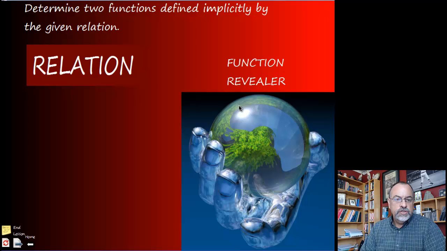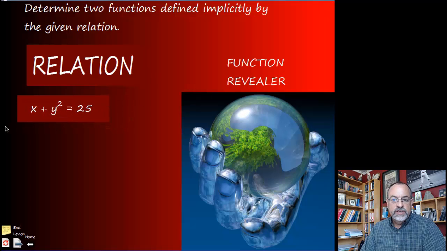Okay, so let's take a situation like this. Here's x plus y squared is equal to 25. What are the implicitly defined functions given by this relation? We're going to simply solve this equation for y. So we're going to move x to the other side, and then take the square root.